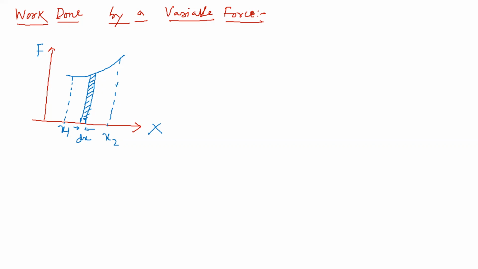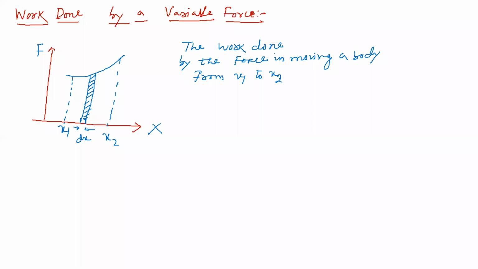So students, if we want to find the work done by this, then we have to go for the area. The work done by the force in moving a body from x1 to x2 is given by work done equal to integration of dW, with limits from x1 to x2. dW is nothing but F dx, since force is a function of displacement.